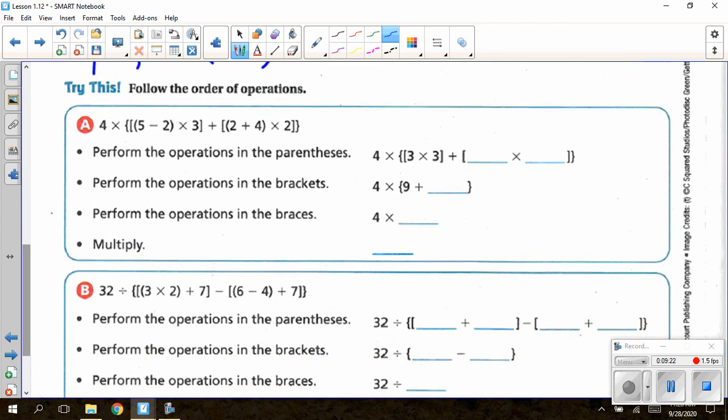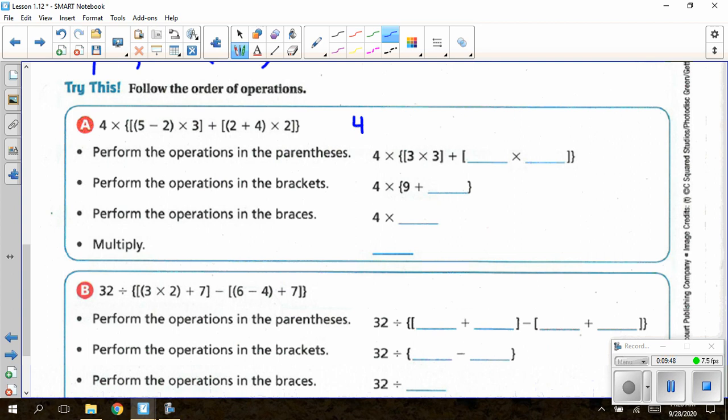Under the try this A, notice we have all 3 types of grouping symbols. We have the parentheses, we have the brackets, and we also have the braces. So I am going to just rewrite the expression above, just shift it over because they did start solving part of it, and it does help to have the carets to show in what step I am working on.